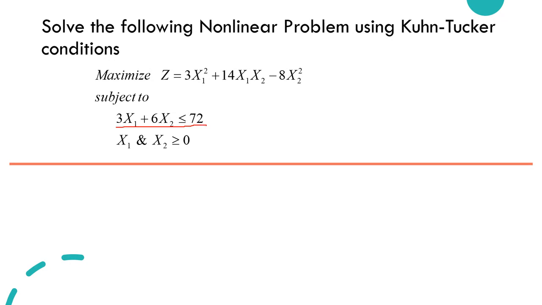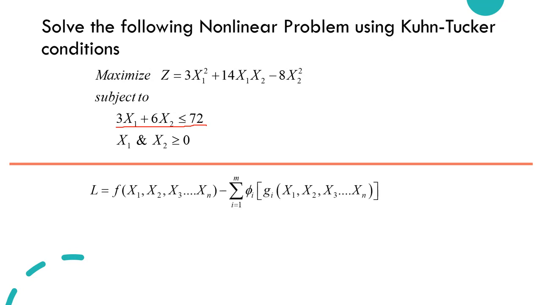To solve this problem, first you have to write the Lagrange equation. It will be related to the objective function, which is f of x1, x2, x3, and based on the number of constraints. If you have only one constraint, you will have only phi here. If you have 2 constraints, you will write phi 1, phi 2, and these will be your constraints.